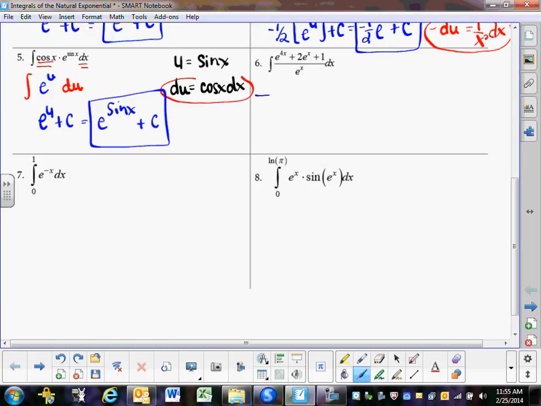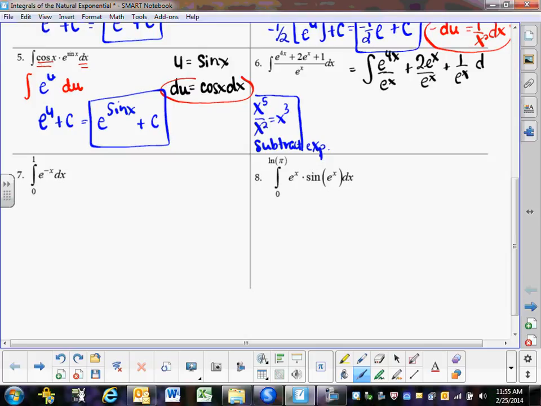Now number 6, I want to have a little sidebar. If I had x to the 5th divided by x squared, I would get x cubed because I subtracted my exponents. I'm going to do the same process. I'm going to rewrite this as e to the 4x over e to the x plus 2e to the x over e to the x plus 1 over e to the x dx.